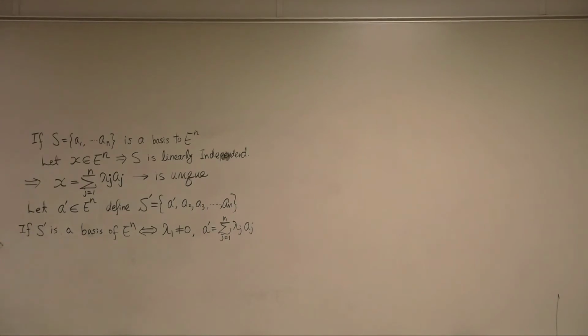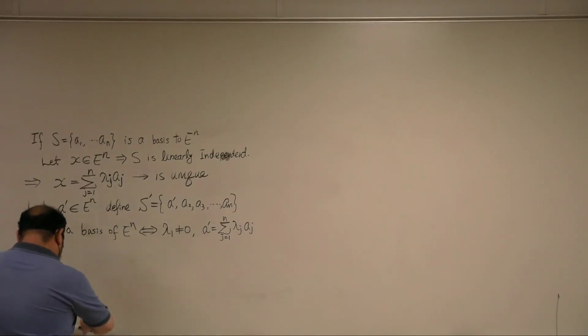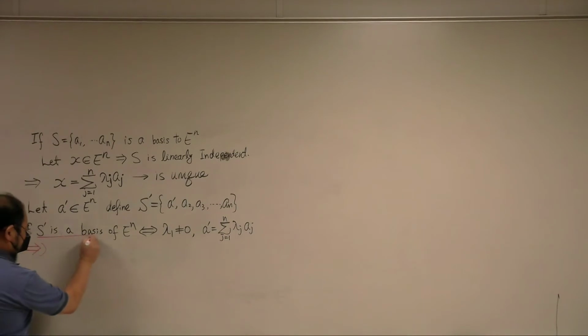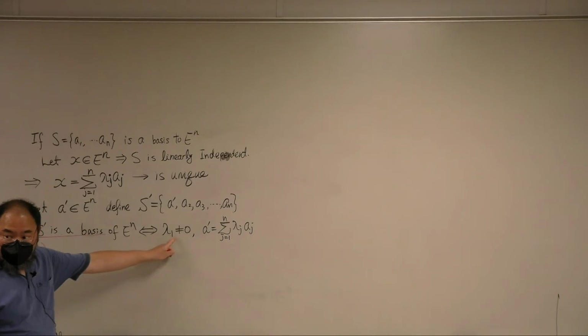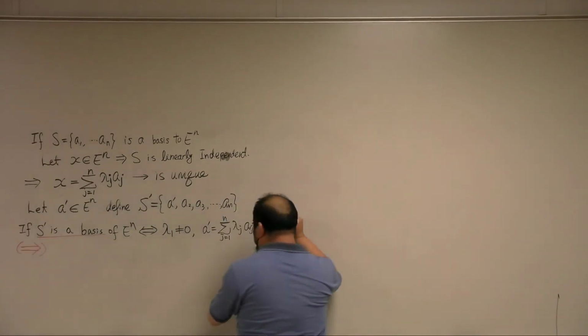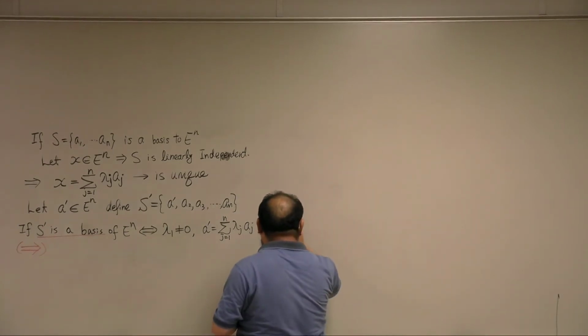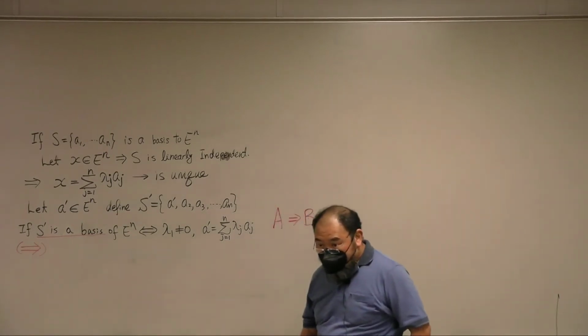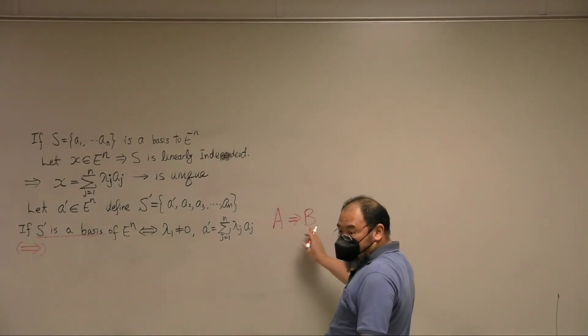First, we're going to prove this direction. Assuming this is a basis, okay? Then I'm trying to show lambda 1 is not zero, correct? Now we're trying to reach from A implies B. So if A is true, B must be true.